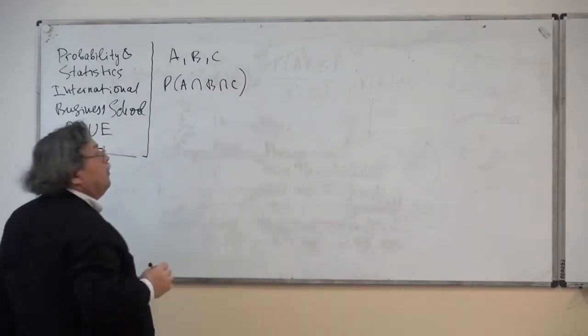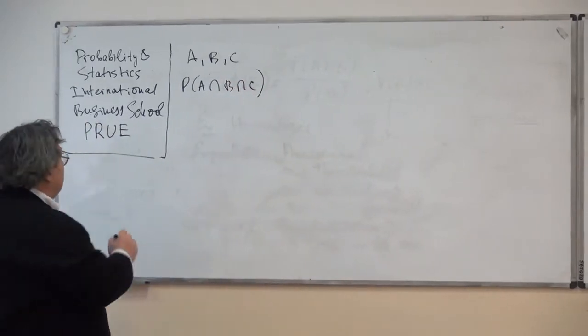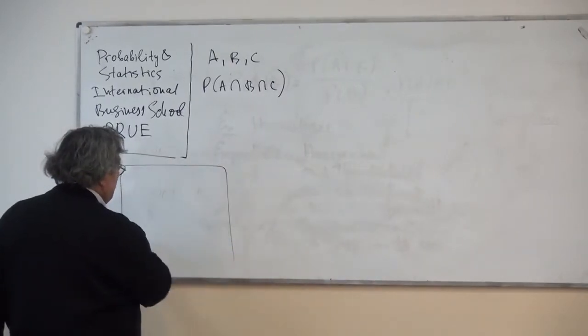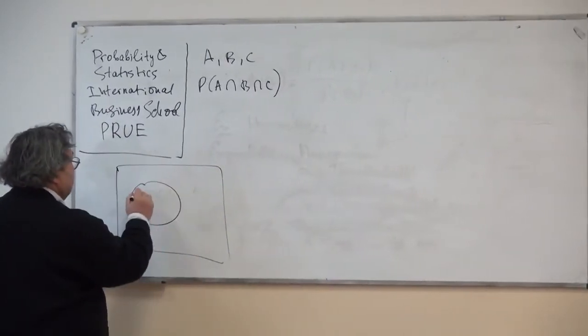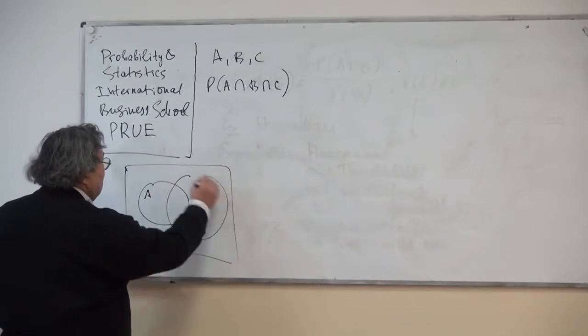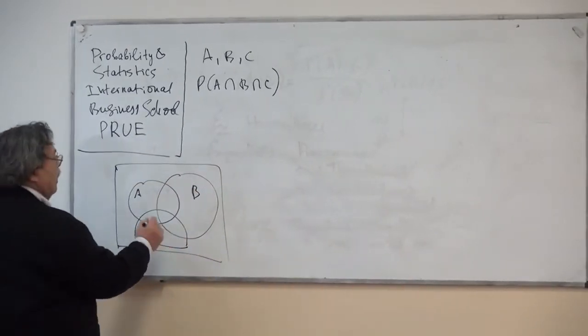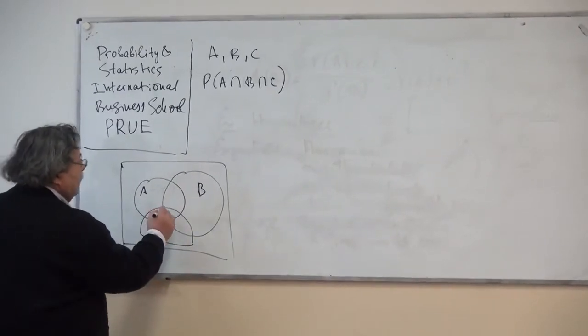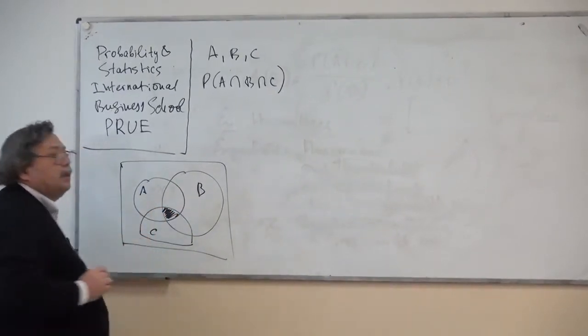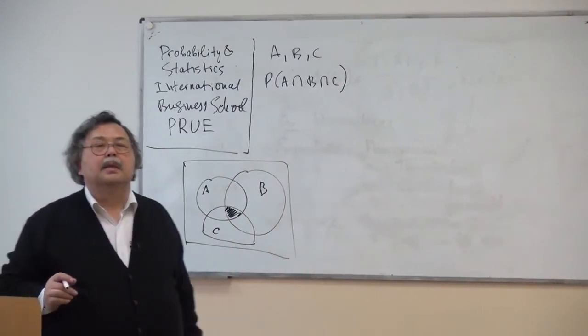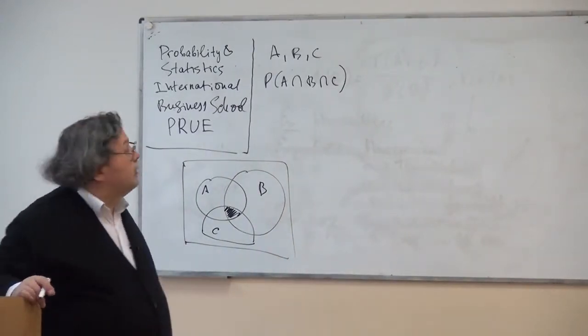Okay. Now, if we use a Venn diagram here, what are we talking about here? Suppose this is A, and this is B, and this is, okay, not a circle, and this is C. Now, this shaded area in the middle is the intersection of all the three events.